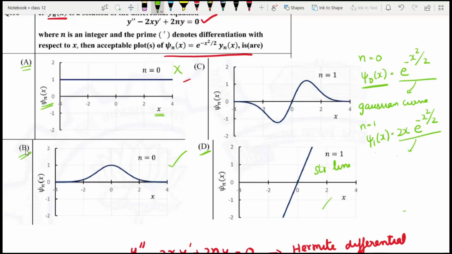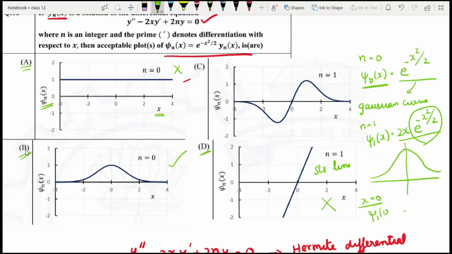So this option is an incorrect one. We have already said e power minus x square divided by 2 corresponds to a Gaussian curve. So it will be like this.